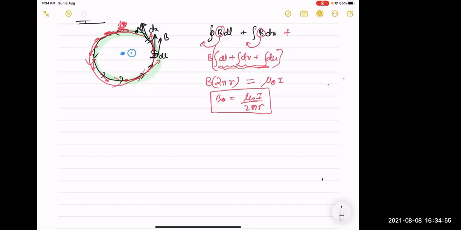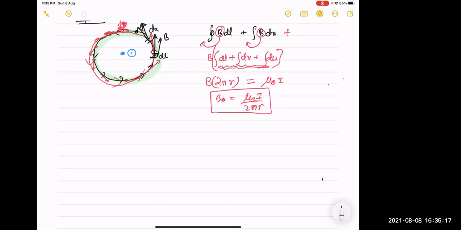It relates magnetic field and current, right? Ampere's law relates magnetic field and current. Okay.